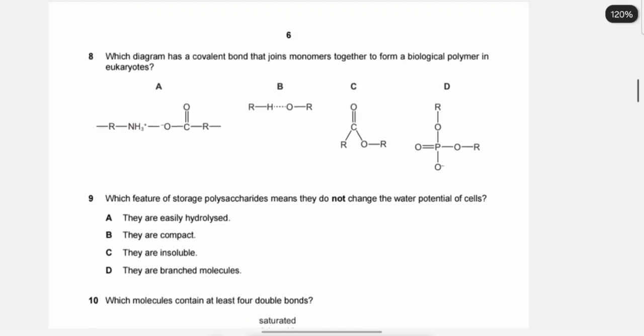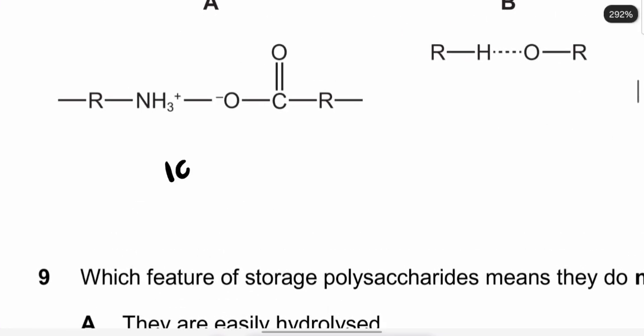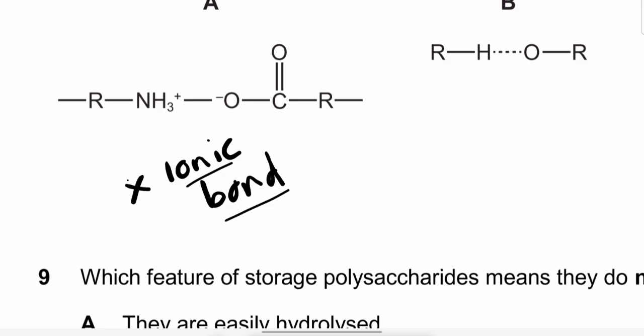And for number 8, it says which diagram has a covalent bond that joins monomers together to form a biological polymer in eukaryotes? And if we look at A, we can see that A is showing an ionic bond. And how did I know that it's an ionic bond?